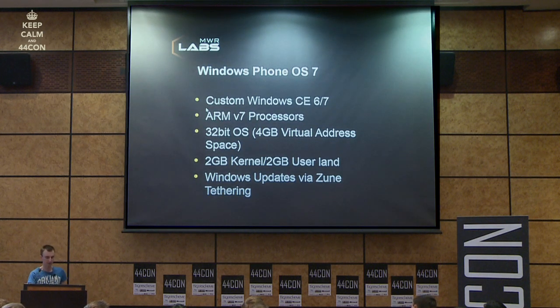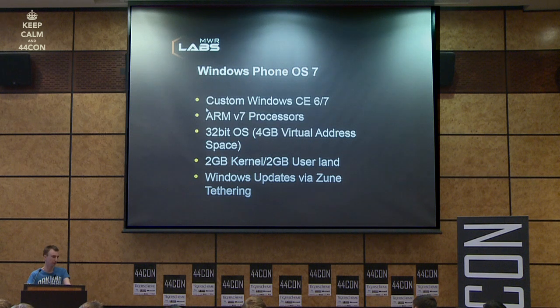The operating system itself is based on Windows CE. It's somewhere between CE 6 and CE 7, I think, but it's heavily customized for Windows Phone. The processors in use are ARM architecture at the moment. All the phones are ARM.